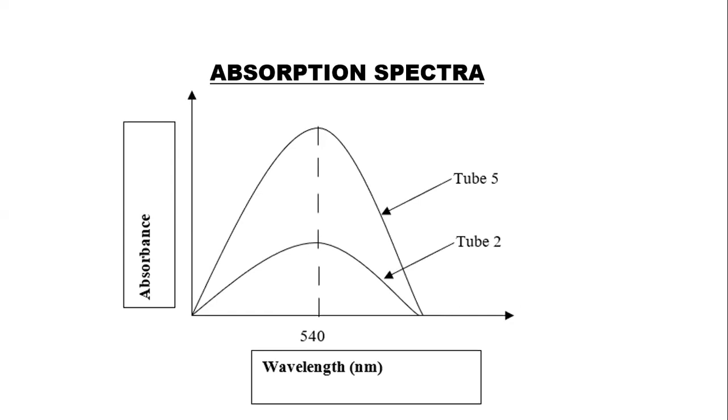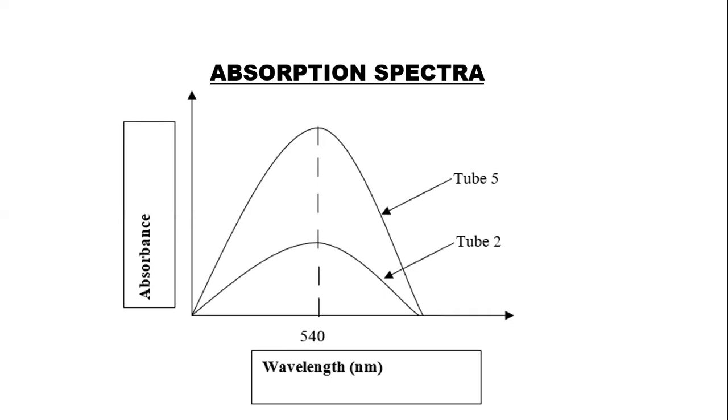You just sketch absorbance against wavelength in nanometer, and you remember that you measure the absorbance at 540 nanometer, which means that is the wavelength of maximum absorption for this particular protein. So it's just a freehand sketch that you will use.